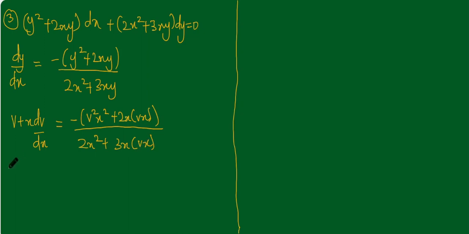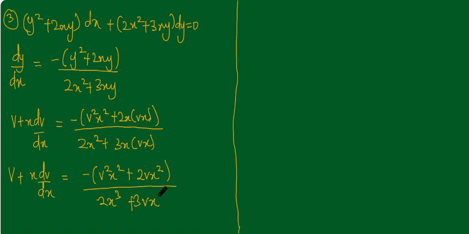So we can further simplify this to be v plus x dv dx equal to minus v squared x squared plus 2v x squared divided by 2x squared plus 3v x squared.